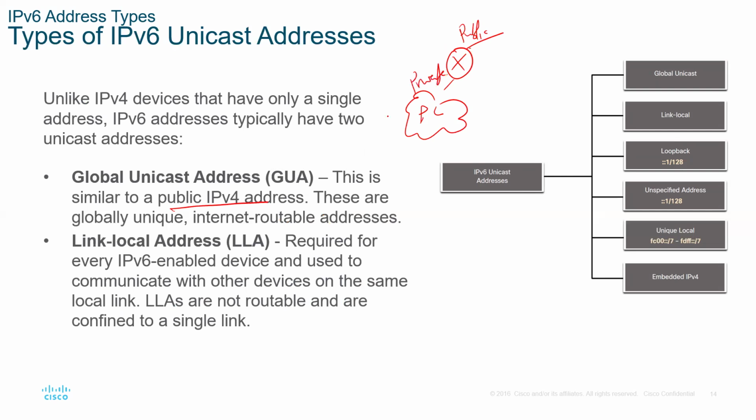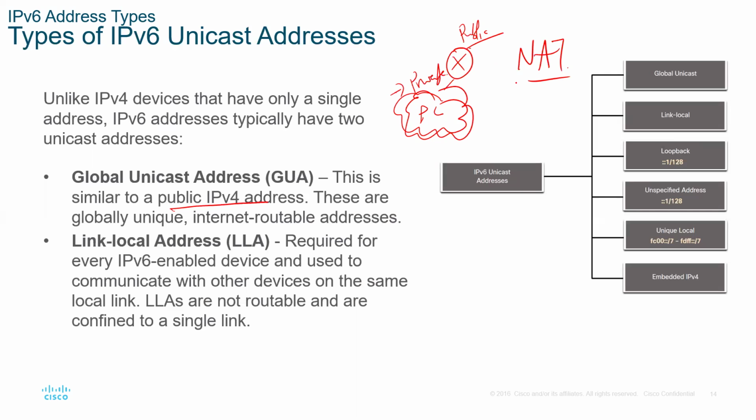Right? So with IPv4 we had private IP addresses that worked locally. Then when we want to communicate with the internet, we need a public IP address via address translation. That was the process.